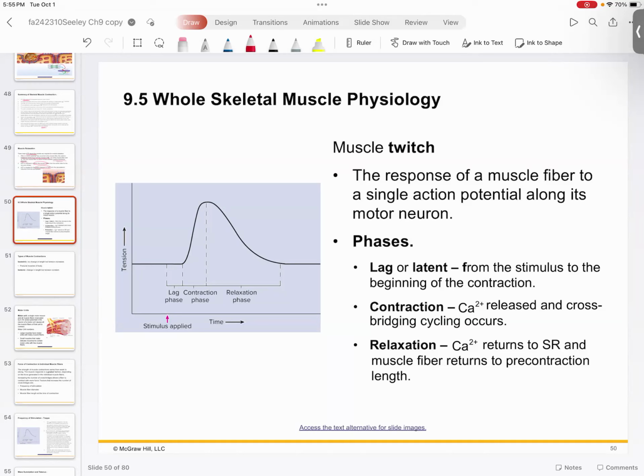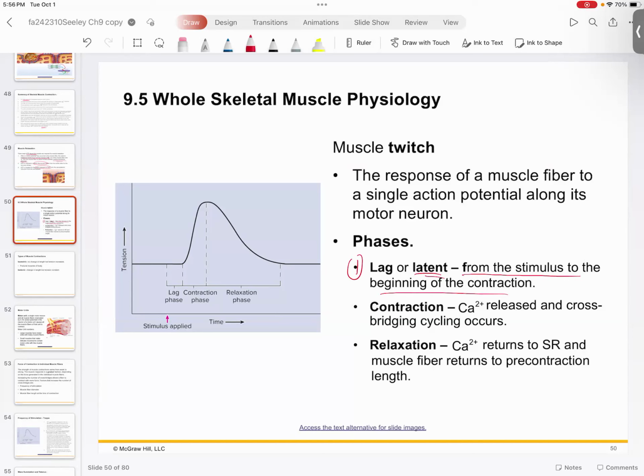So we talked a little bit about this, not a whole lot, but a little bit. So this is kind of a recapitulation of what we talked about earlier. So you have a couple of phases. The first one is going to be your lag phase, or your latent phase, I think is what we called it before. This is basically from the stimulus beginning to the beginning of contraction, right? So basically the lag phase is that time when it's kind of going through and jumping over the synaptic cleft.